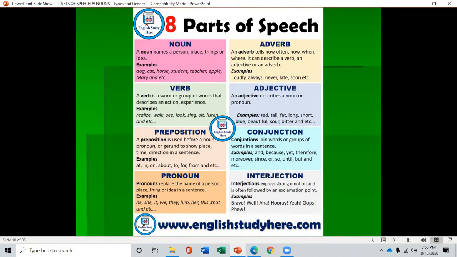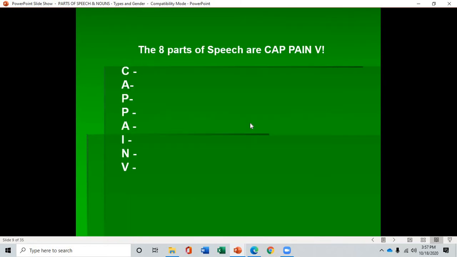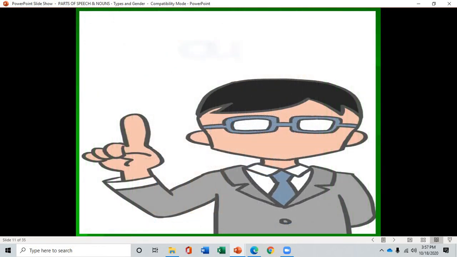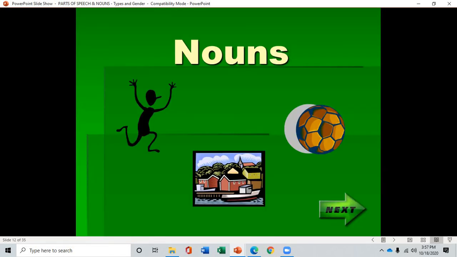Okay, you're gonna say yeah, oops, pew. Okay, so those are expressions, and they usually use exclamation point for the interjection. All right, so these are the 8 parts of speech, and don't forget the campaign V. Campaign V.